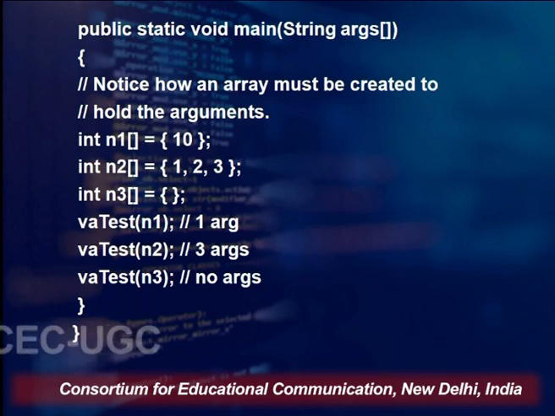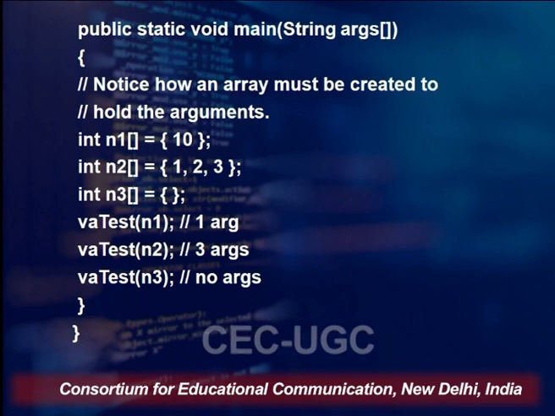So, this method varTest receives its arguments through the array v, and this was the old style approach to variable length arguments, taking an arbitrary number of arguments. In one call it takes 0, in another call it takes 1, and in the next call it takes 3.